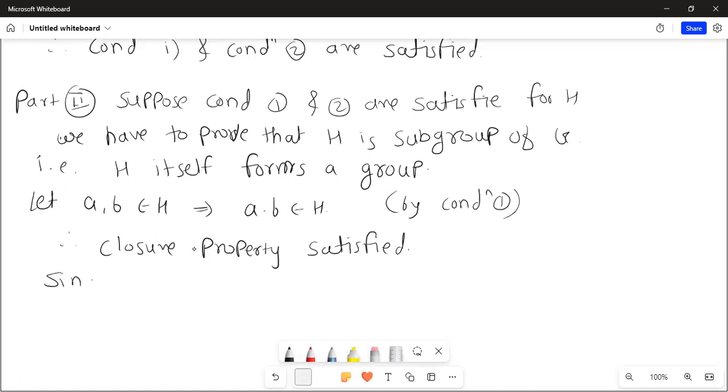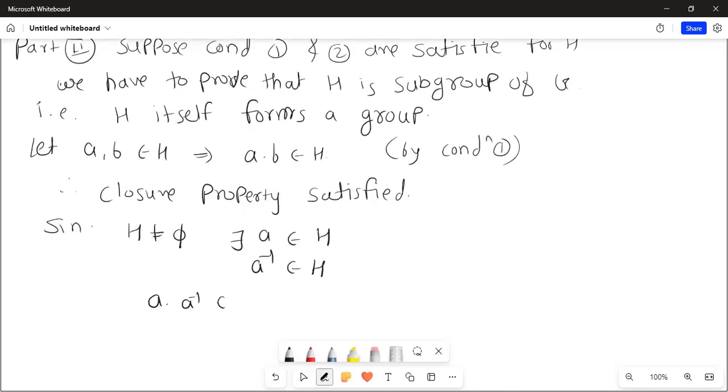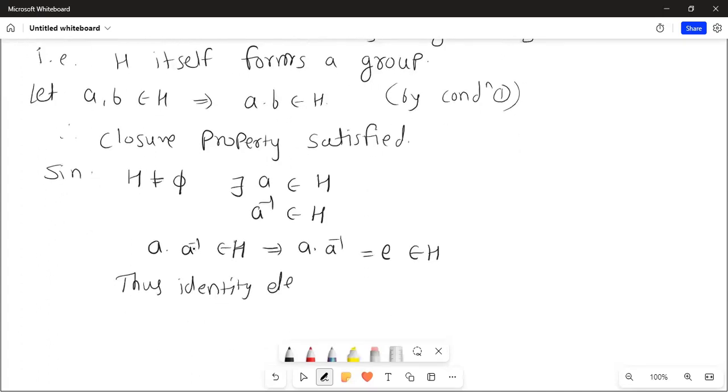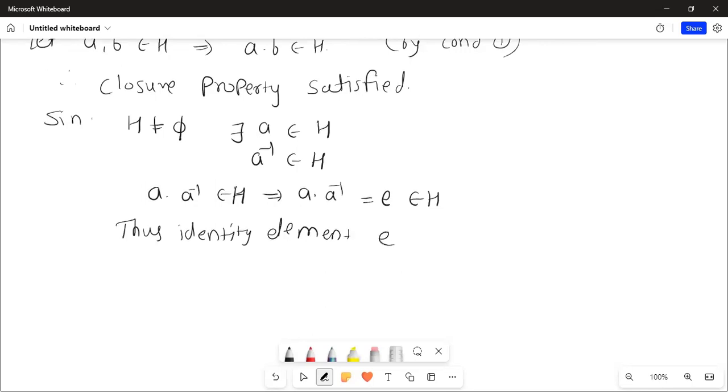Since H is not equal to the null set, there exists a belongs to H, a inverse belongs to H, and a·a inverse belongs to H. And a·a inverse equals e, which belongs to H. ये हुआ इनवर्स के लिए. And thus identity element exists in H.